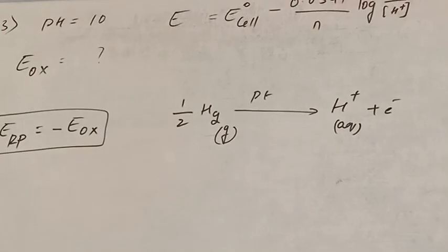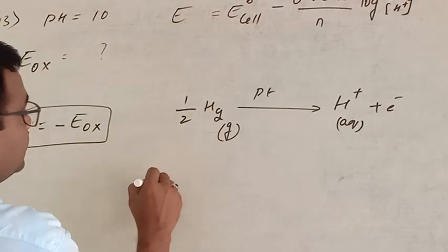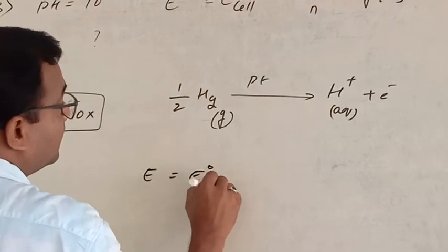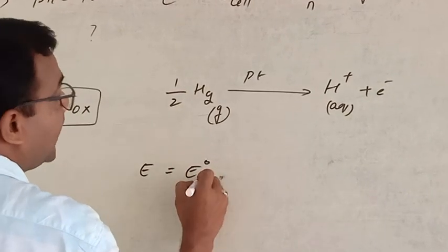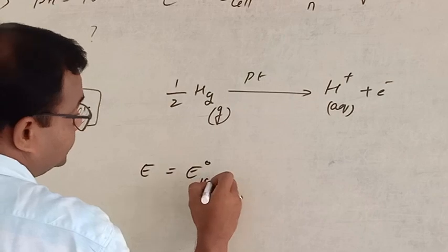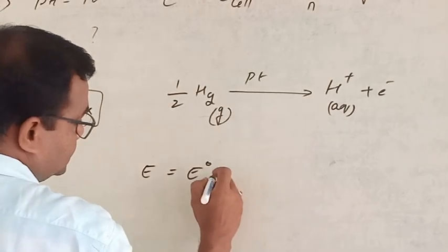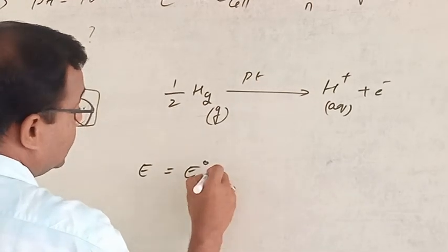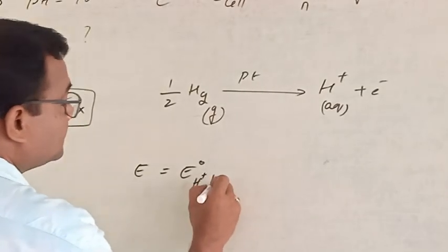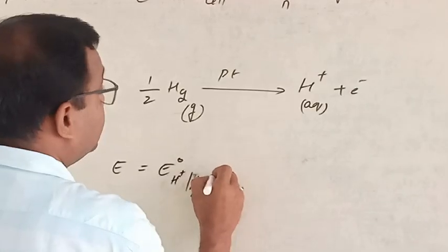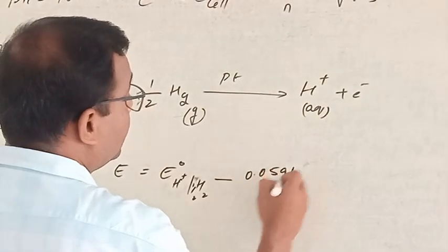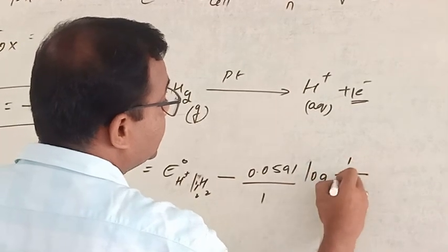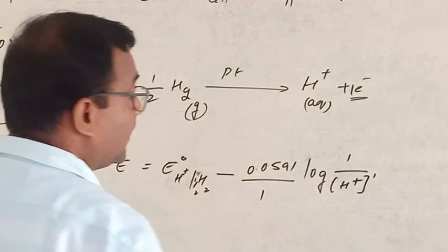To this I can write the Nernst equation: E is equal to E naught of cell, or better, I can write the hydrogen reduction potential, minus 0.0591 by 1, only one electron change, log of the molar concentration of hydrogen to the power 1, because the number of hydrogen is 1.